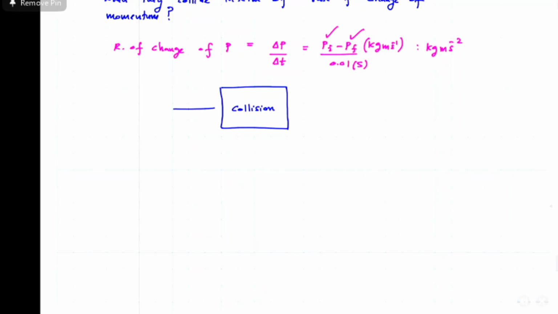There is a momentum here, momentum initial, before, and there is a momentum here after, final. So the momentum change, delta P, is happening here. Delta P is happening because of the collision. Otherwise, the initial momentum continues, right? You understand that? Yeah. So the collision is doing something here.